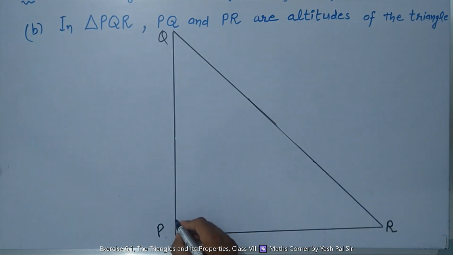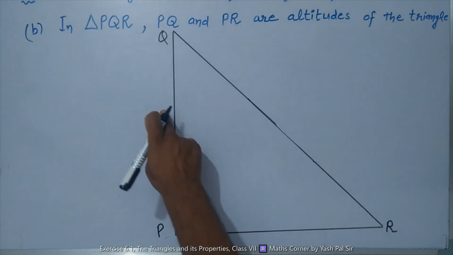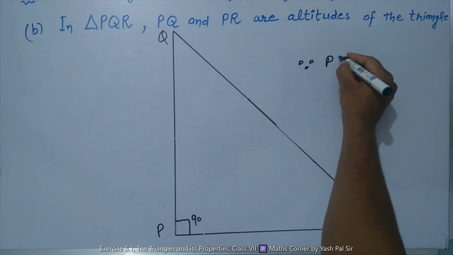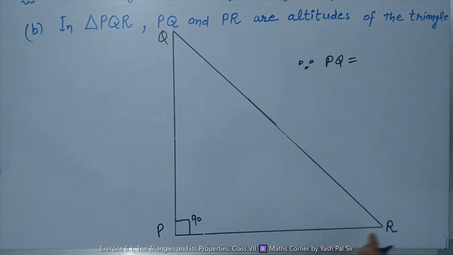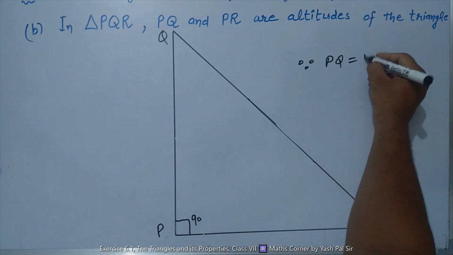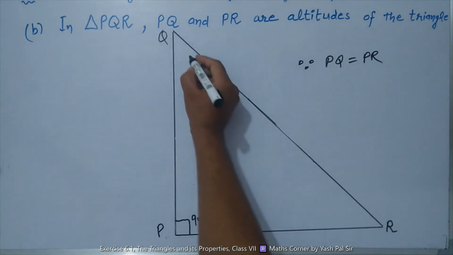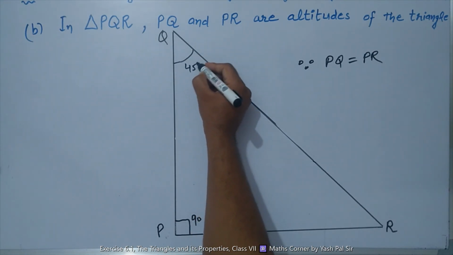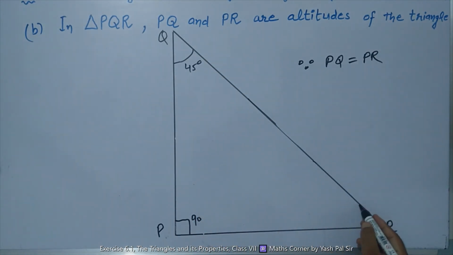What we see, this angle is 90 degrees because these two sides are equal, because PQ is equal to PR. So these two angles are also equal. So they will be 45 degrees each. This angle is 45 degrees and this angle is also 45 degrees.